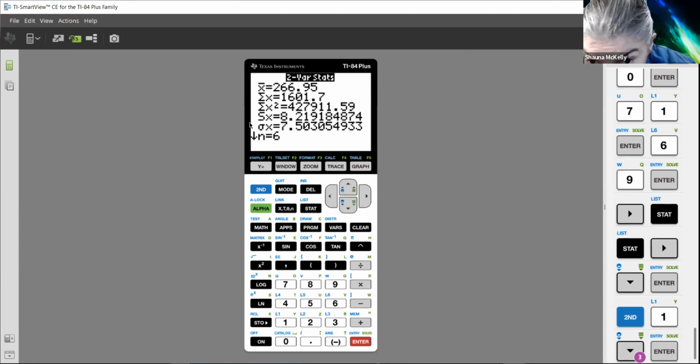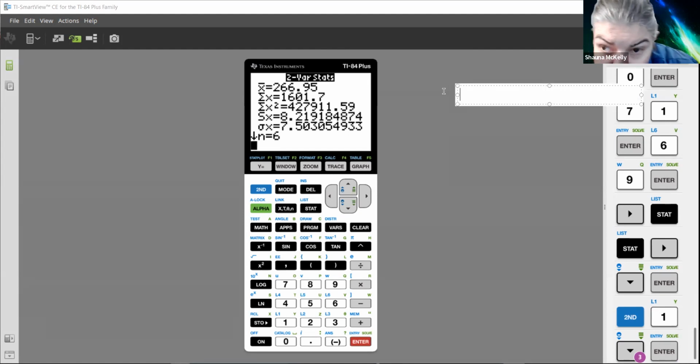So I want to write down my X bar. I'm going to annotate here. My X bar is 266.95.